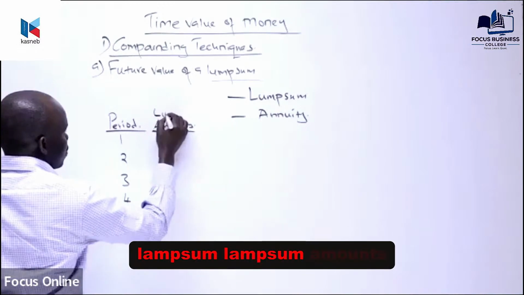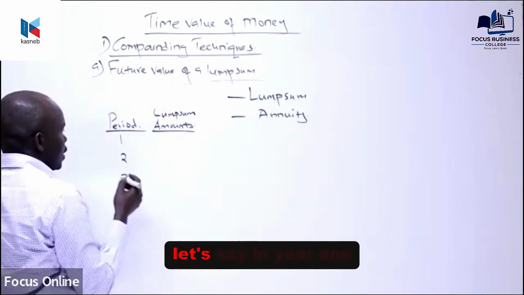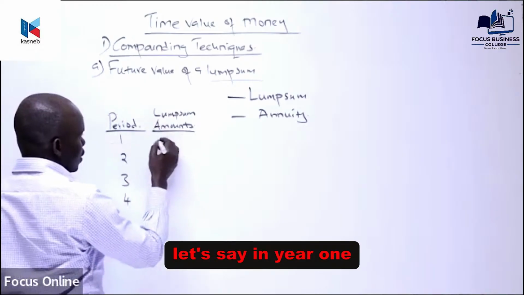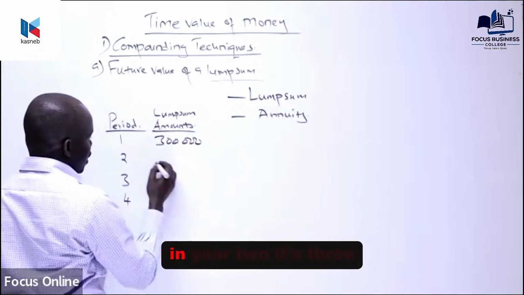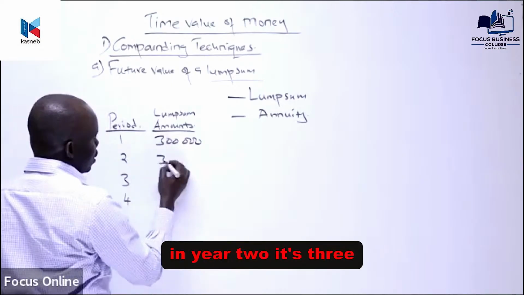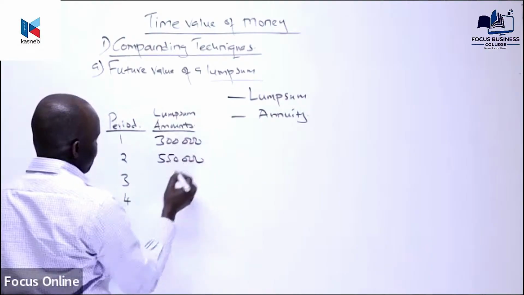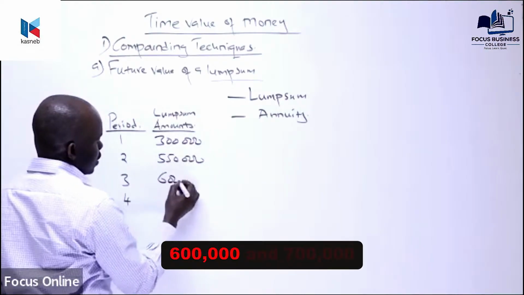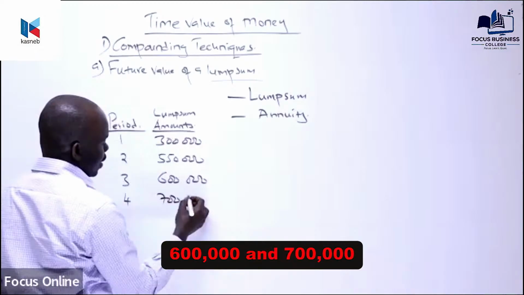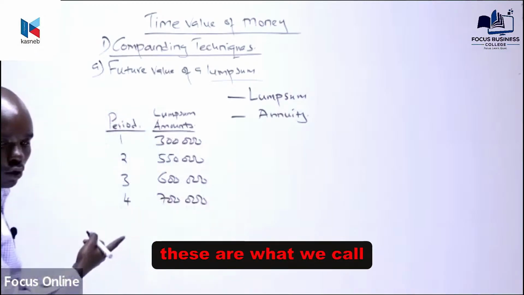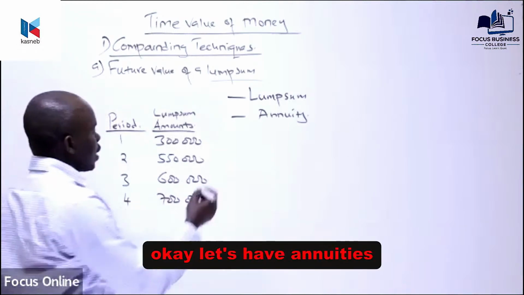Let's say in year 1, the amount is 300,000. In year 2, it's 550,000, then 600,000, and 700,000. All these are what we call lump sums. Okay, let's have annuities.